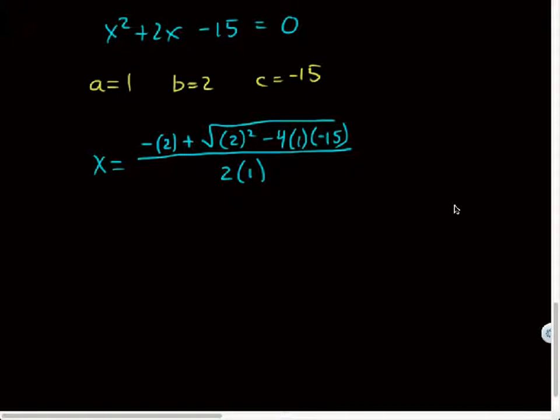So, points to point out here. Make sure your radical vinculum, this top part, covers the entire b squared minus 4ac. Sometimes people make it shorter and then they just square root b squared, and then the formula's wrong.